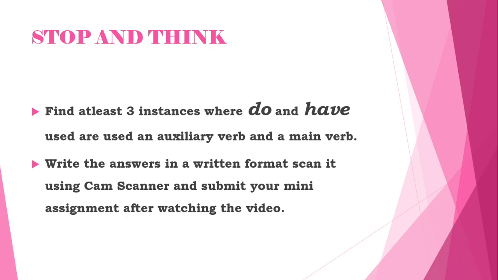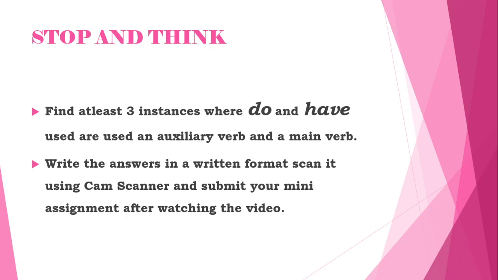These verbs be, do, and have can exist as main verbs as well as auxiliary verbs, and we saw instances where be, do, and have function as main verbs. Then we also saw an instance in which be works as a main verb as well as an auxiliary verb. We discussed how be works as an auxiliary verb and how it works as a main verb.